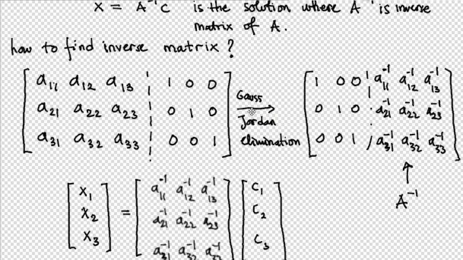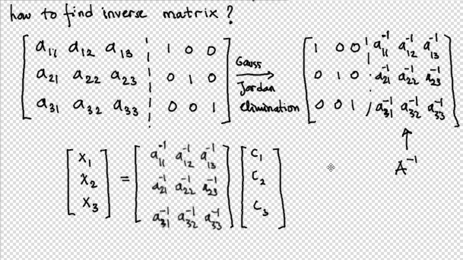So you change this original matrix into identity matrix, then this identity matrix will be automatically changed into coefficients, and these coefficients will be the inverse matrix. So what you have here is the inverse matrix.